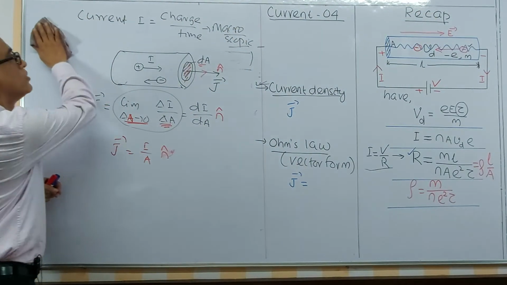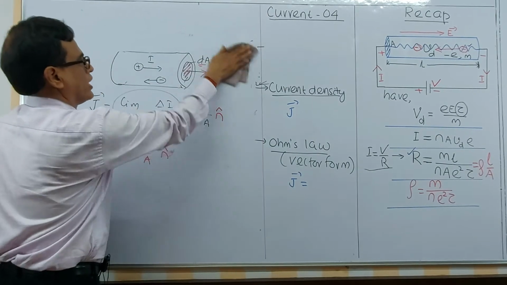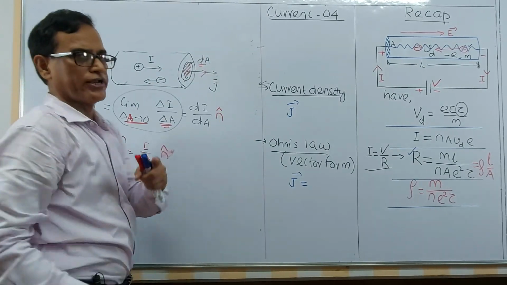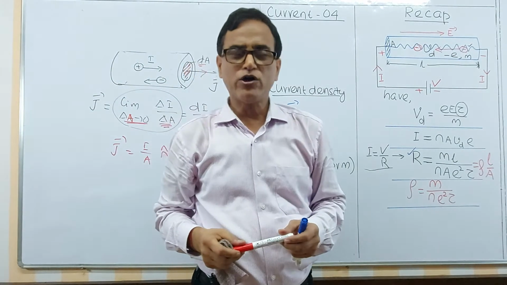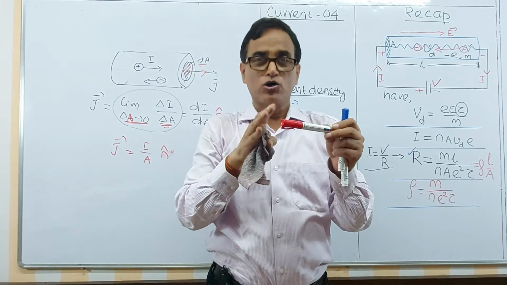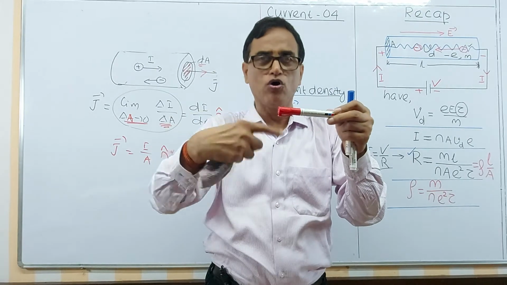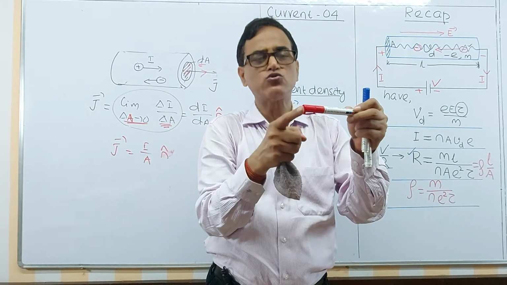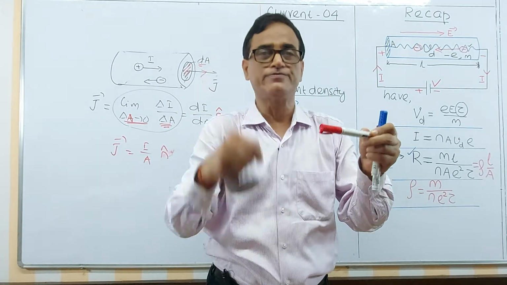Let us see now. I think you have distinguished between current and current density. Current is from the macroscopic point of view, and this is the total, on the whole, rate of flow of charge through any section, not a point.